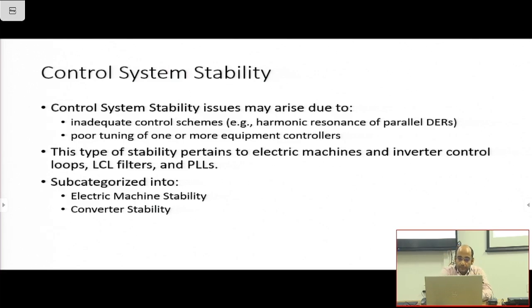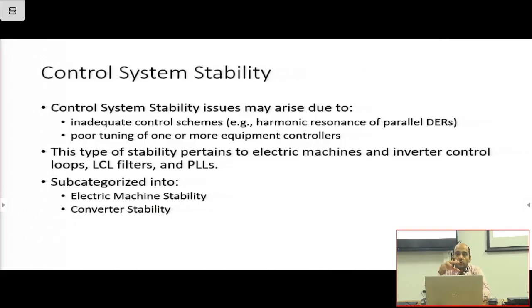Okay. Then certain stability issues can arise due to, as I told, LCL filter, inverter control, machines. There could be issues between, let's say, a machine and an inverter working together. Their controls are not properly coordinated. Then there could be issues.